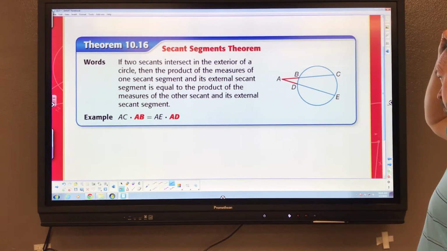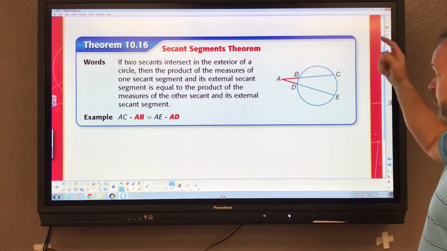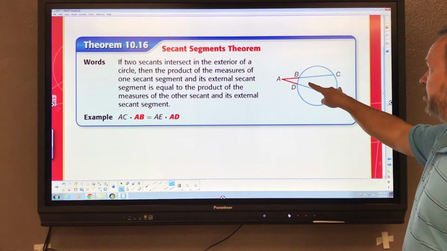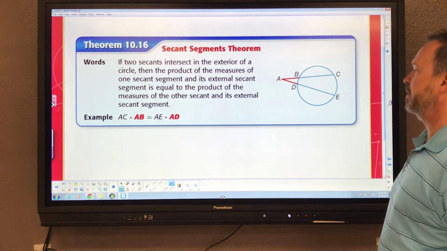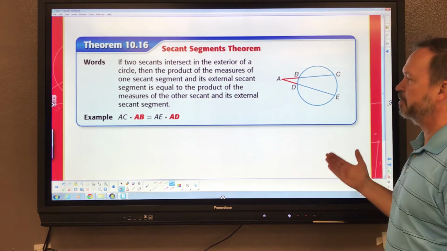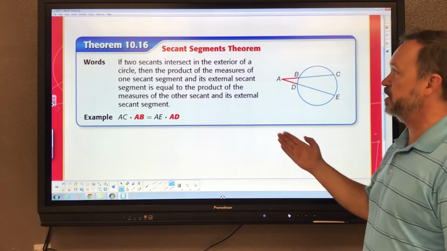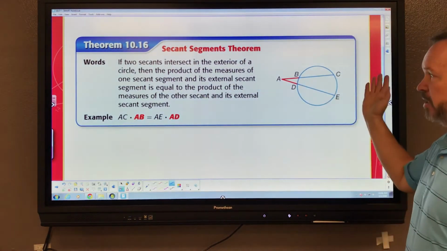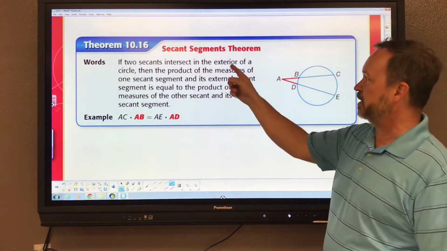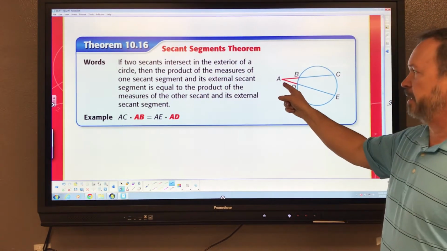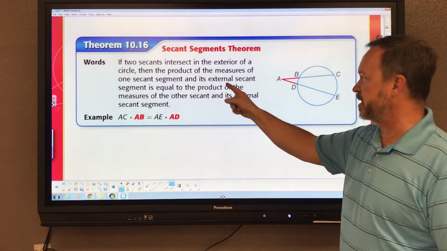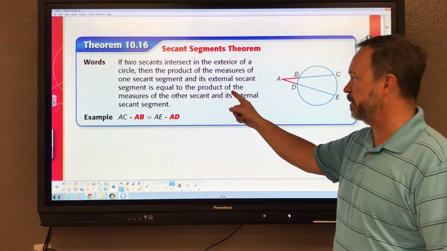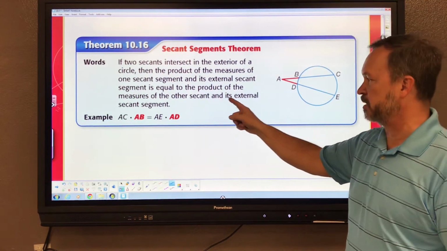All right, so earlier, in the previous lesson, we looked at the relationship between the exterior angle and its intercepted arcs. Remember, it was half the difference. In this case, we're not looking at the measure of the angle, we're looking at the measures of the segments. So it says if two secants, and these are secants, they're not tangents, intersect in the exterior of the circle, they have a common exterior point, then the product of the measures of one secant segment and its external segment is equal to the product of the measures of the other secant and its external segment.